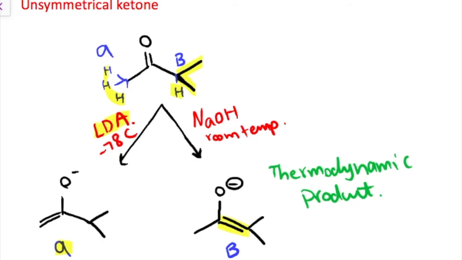It's much easier for this bulky base to get these hydrogens instead. And that's why enolate A is going to be produced faster, and that's why we call this the kinetic product. So for unsymmetrical ketones, it depends on the reaction conditions which enolate you're going to get, and hence which enolate is going to act as the nucleophile.